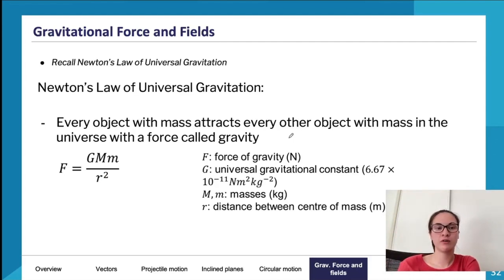Newton's law of universal gravitation, and I advise you guys to memorize this if you can, because what QCEA tend to do when they write the exams, especially for physics and chemistry, they like to say, oh, pick the right definition for Newton's law of universal gravitation, or the definition of a vector, or something like that.